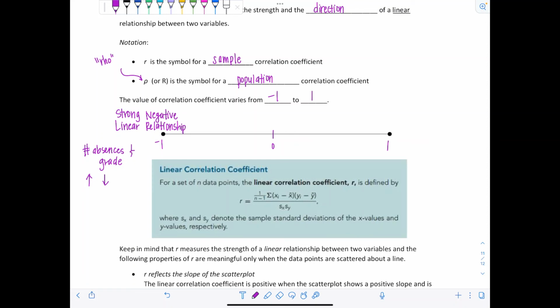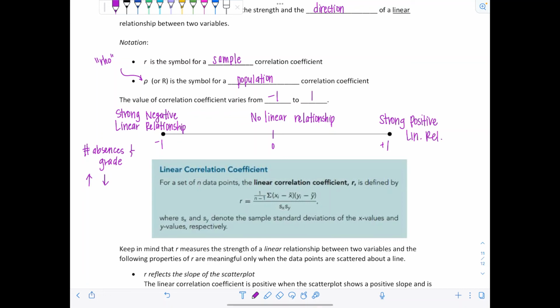If your value of r, the correlation coefficient, is 0, that means there's no linear relationship between the two variables. It doesn't mean that they're not related, just maybe not linearly. Maybe they have a quadratic, parabolic relationship, logarithmic, etc. So it's just not linear. And then if r comes out to be +1, then you have a strong positive linear relationship.